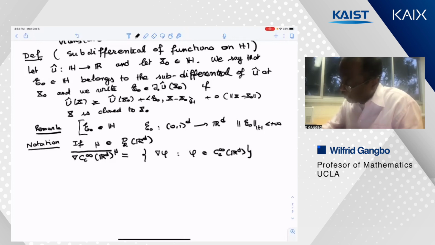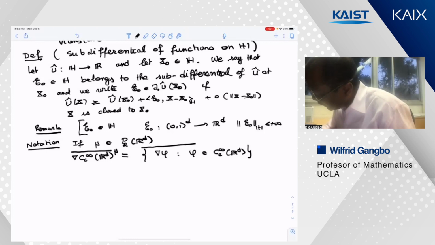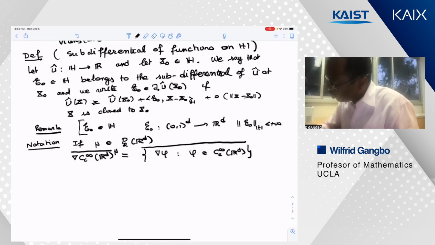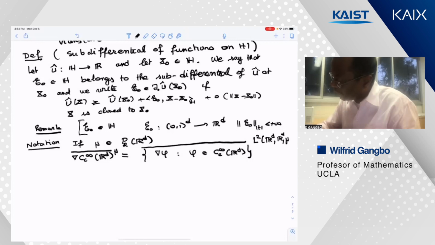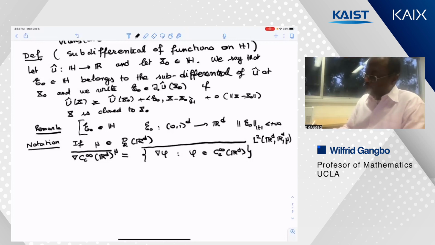Computing the gradient, I have a vector field, and I am going to close this with respect to the Hilbert structure L2 of R^d, using the measure mu.